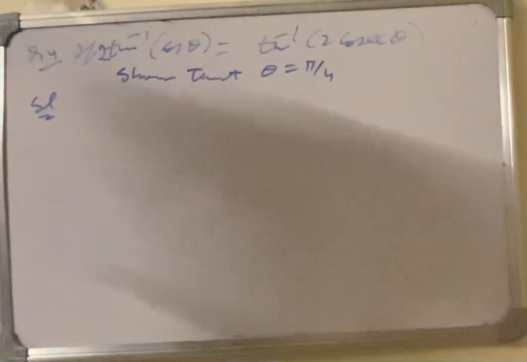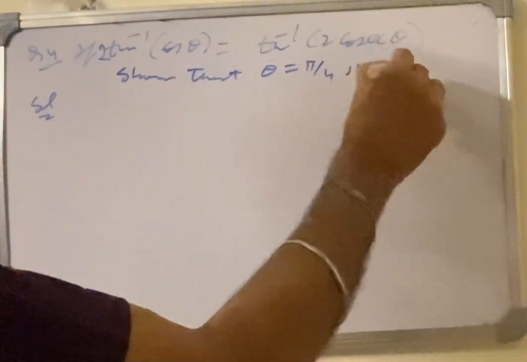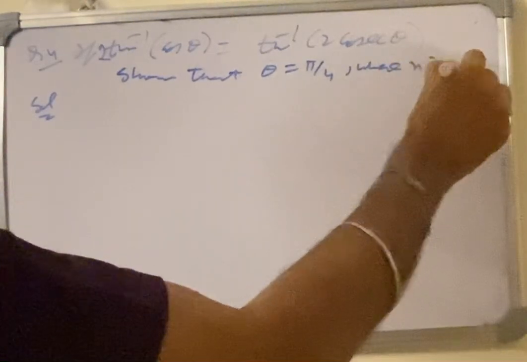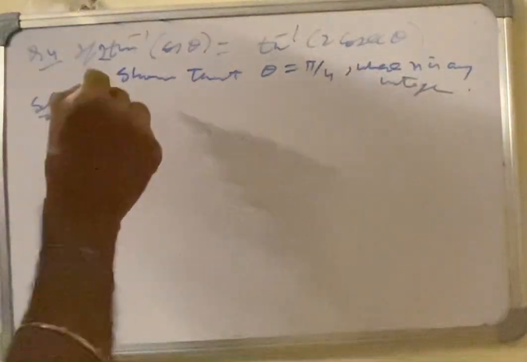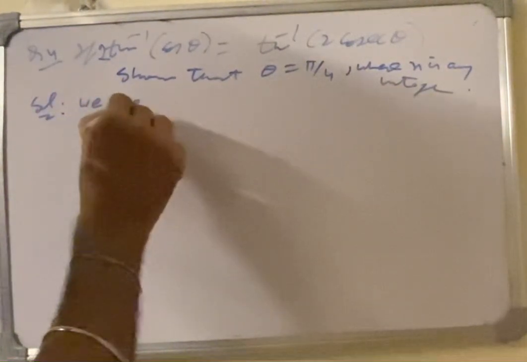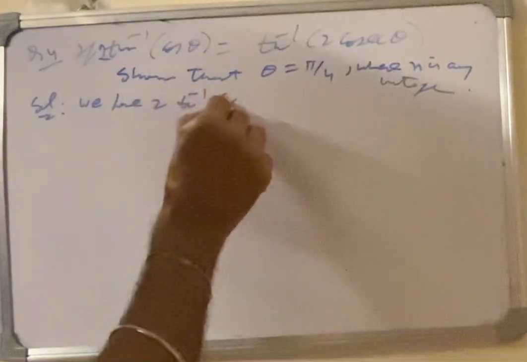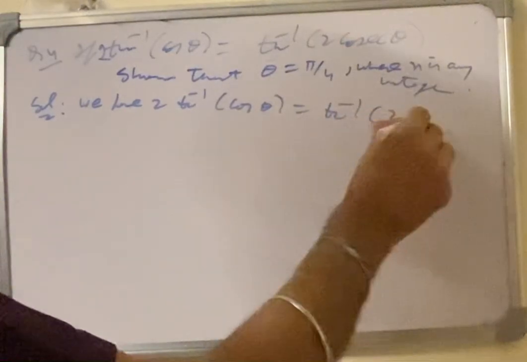Solution, where n is an integer. We have 2 tan inverse cos theta is equal to tan inverse 2 cosecant theta.